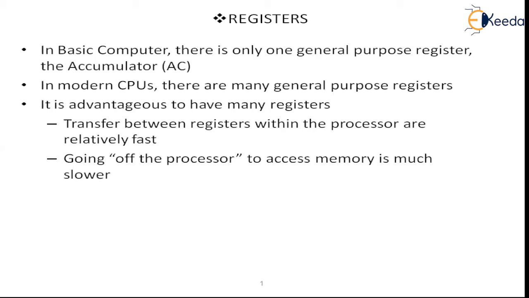So all the modern-day architectures, the systems we are using currently, either Intel Pentium series or i series, or any other processors used in desktops or laptops, use general register organization.